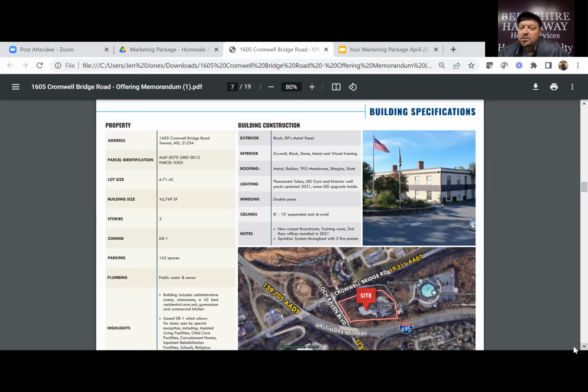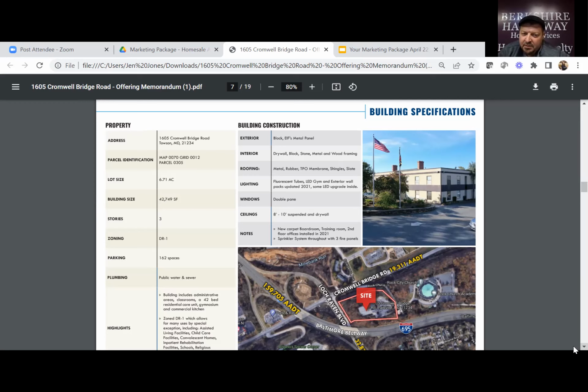Okay, shopping centers typically have to have a ratio of 1 per 1,000. So for every 1,000 square feet, they have to have 1 parking spot. Okay. So parking spaces are huge. I can't tell you how many times a deal goes south because of this, because not having enough parking.